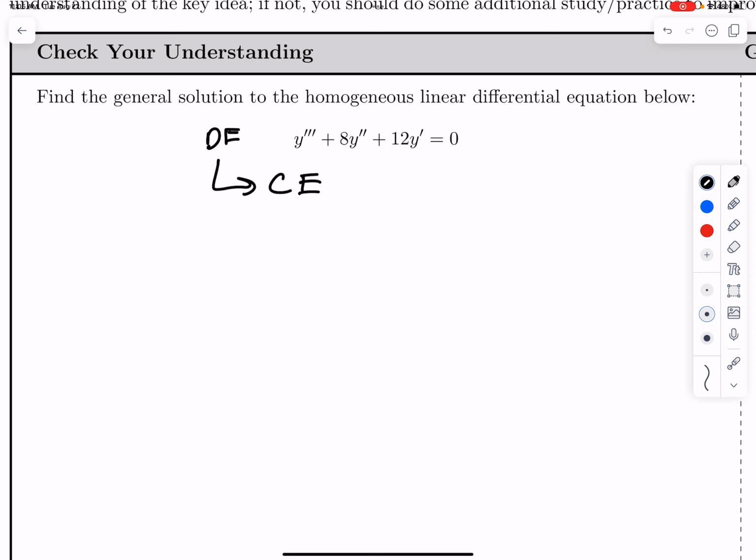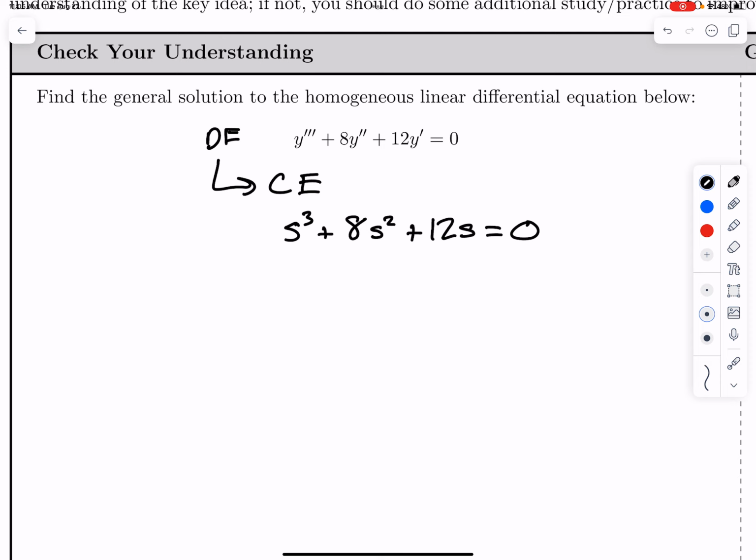The characteristic equation for this problem would be s cubed plus 8s squared plus 12s equals 0. Remember, each derivative gives you a power of s, so third derivative, s to the third power.